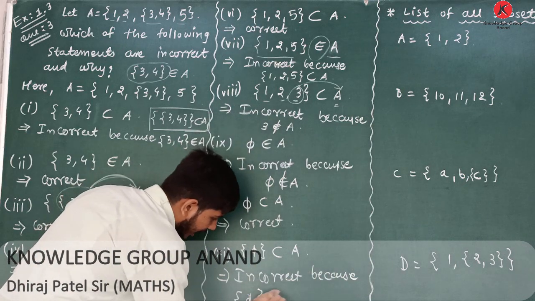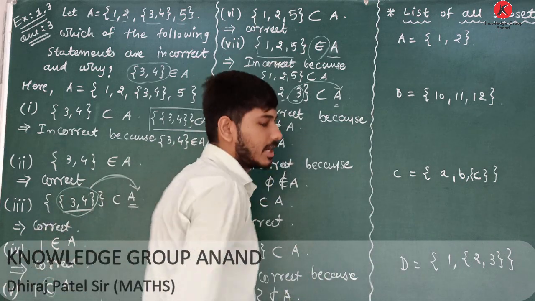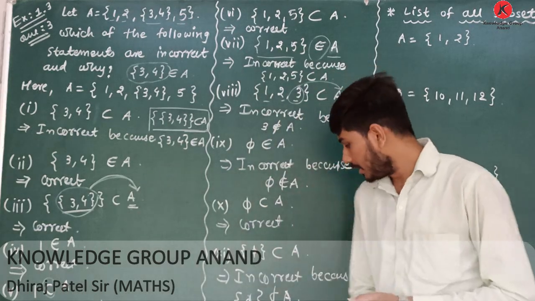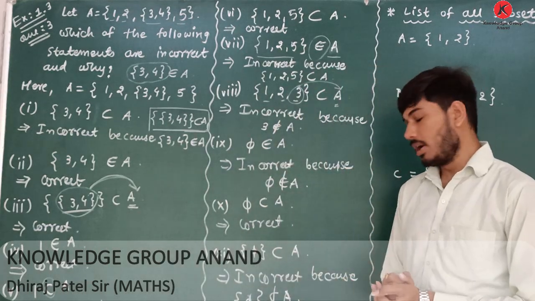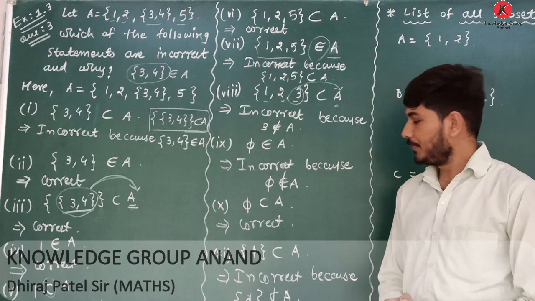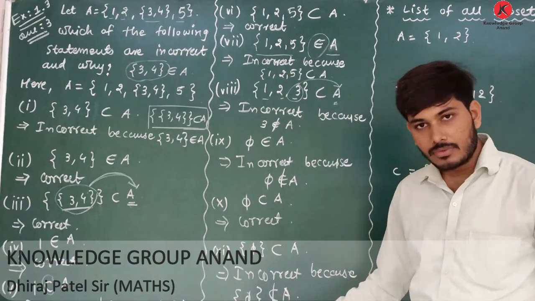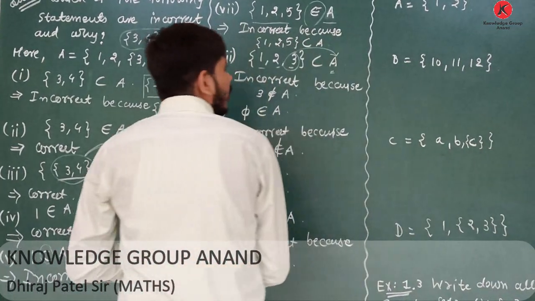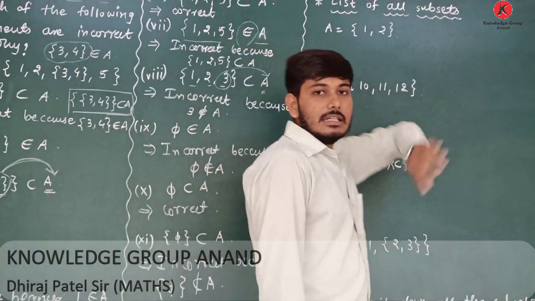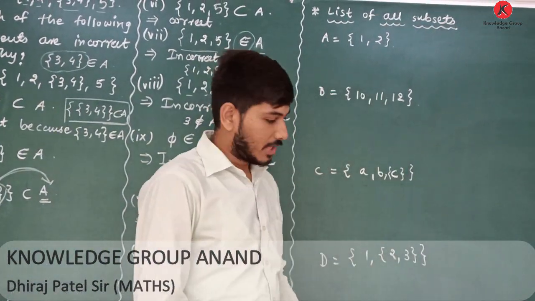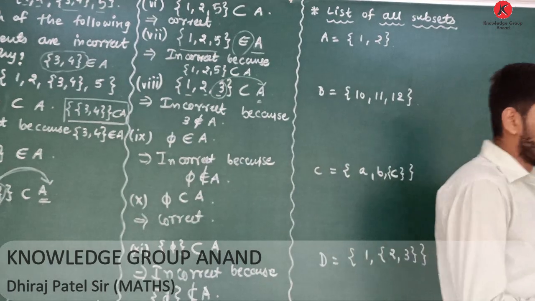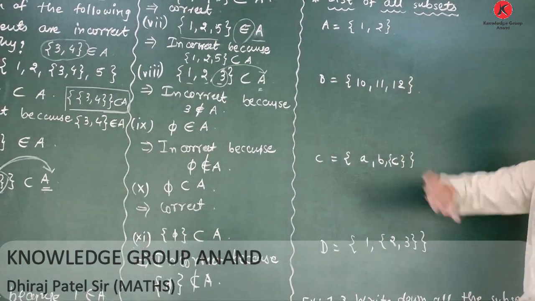Curly bracket phi is not a subset of set A. Is it clear? Now we are going for the list of subsets. How can we prepare the list of subsets of any given set?